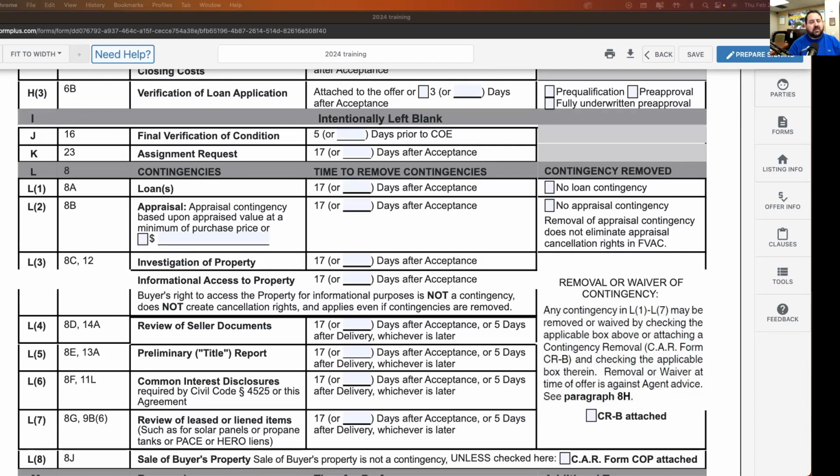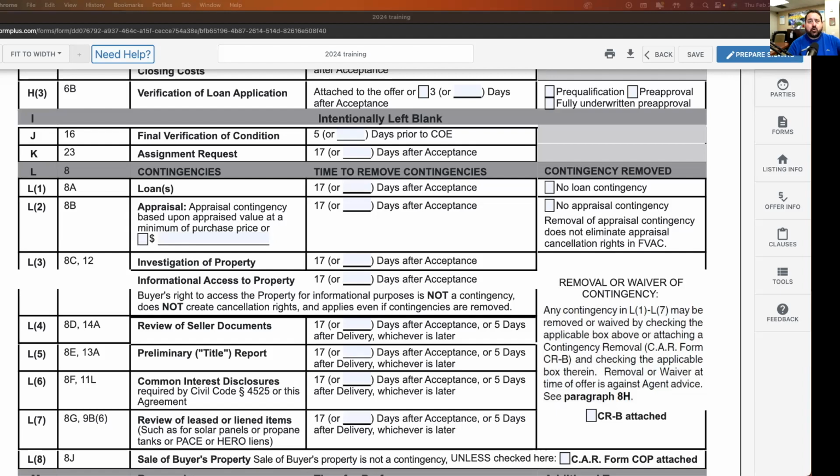So we get those offers that are 21-day escrows, things like that, and then they still leave a 17-day loan contingency or appraisal contingency or investigation, and we'll talk about all of those. That doesn't work for me. We have a 21-day escrow, so you're going to have contingencies up until 4 days prior to our scheduled close of escrow date, and I don't like that.